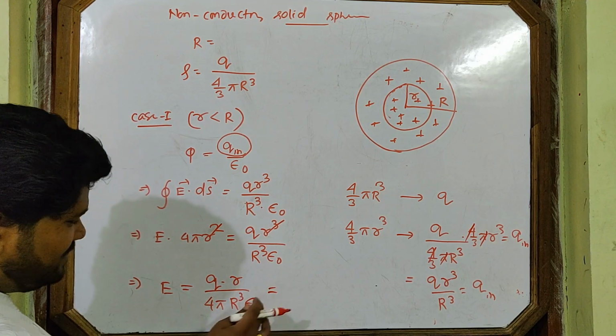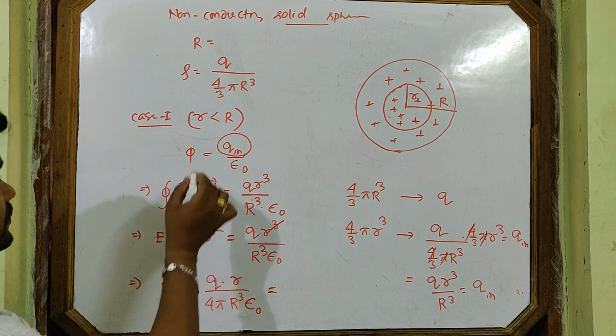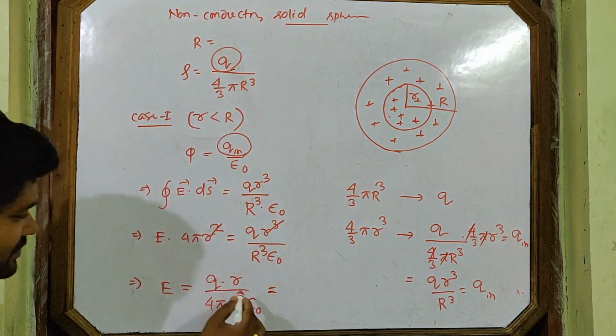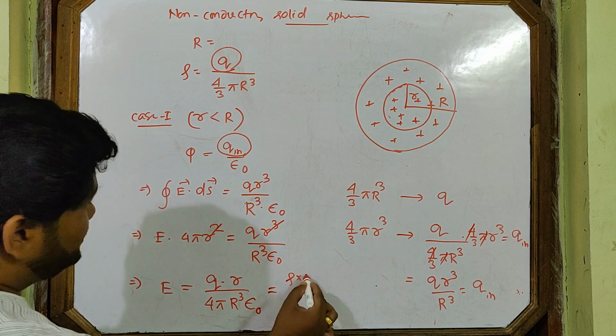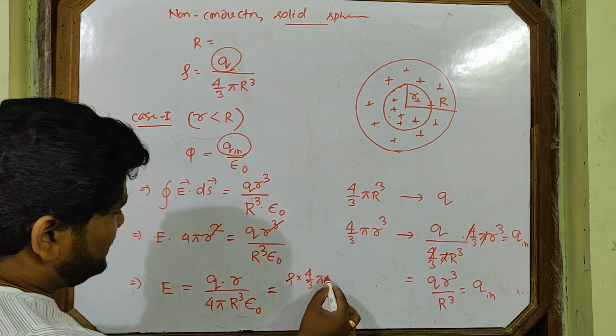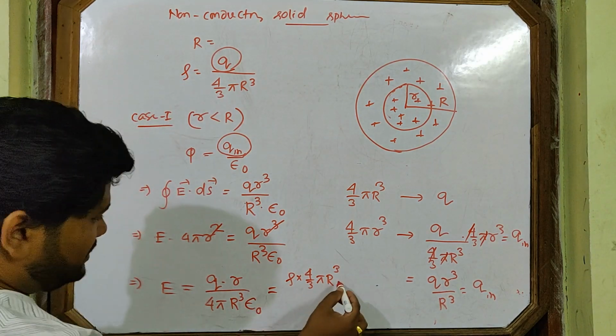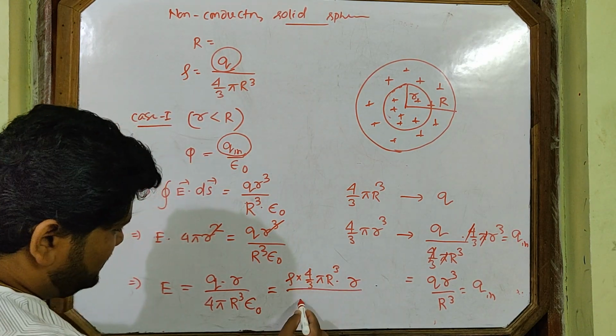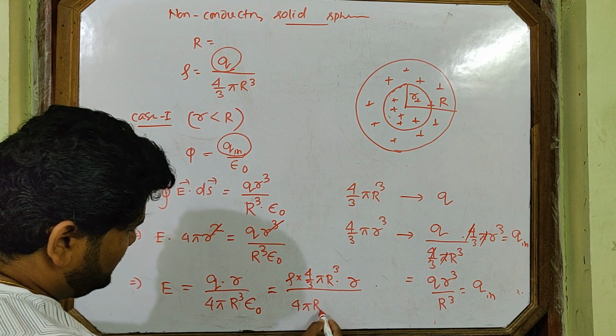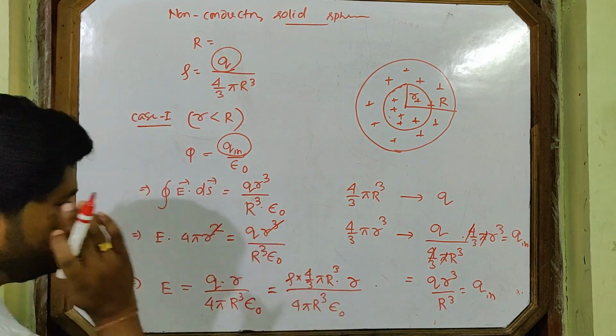We can simplify this expression again. How? We can place Q here. What is this Q? Rho into 4 by 3 pi capital R cube. So E is rho into 4 by 3 pi capital R cube into small r, over 4 pi R cube epsilon naught.